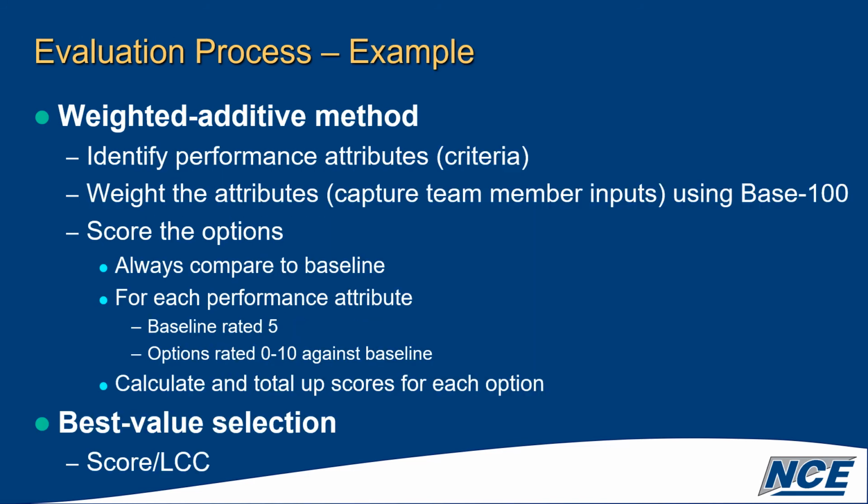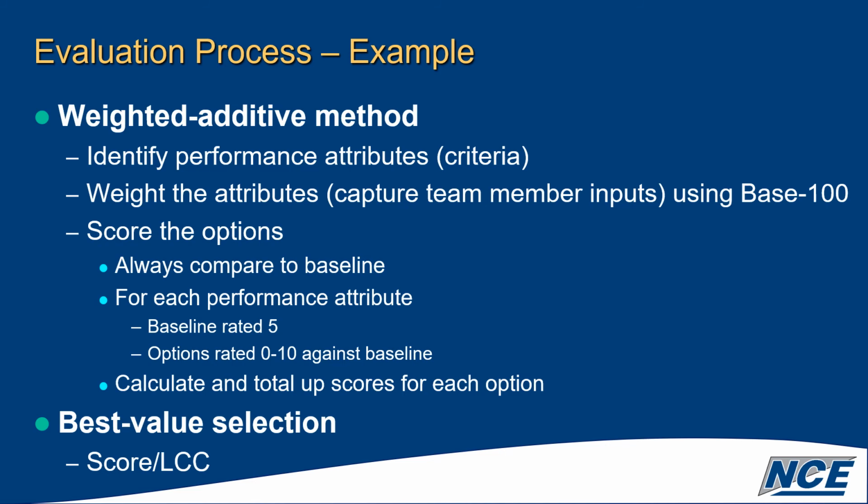So one way to confirm, once you've figured out which ideas you can glue together, is whether or not you actually get value out of those choices. And in this particular case, we use the weighted additive method, which identifies a number of performance attributes.